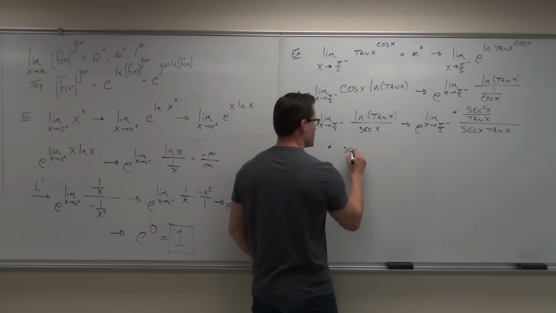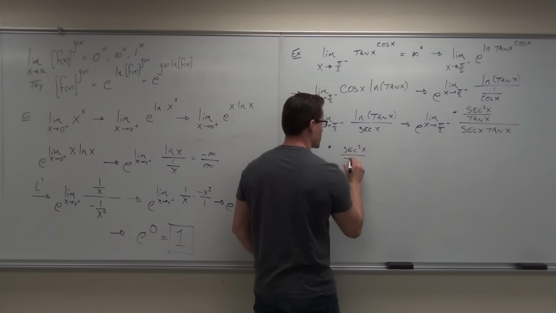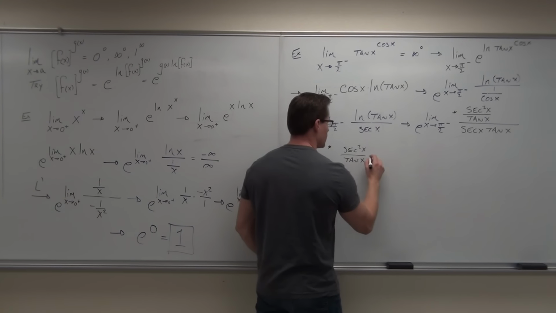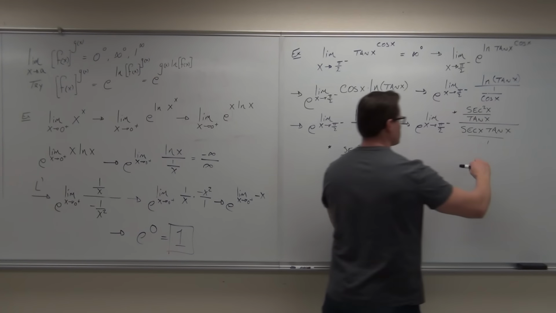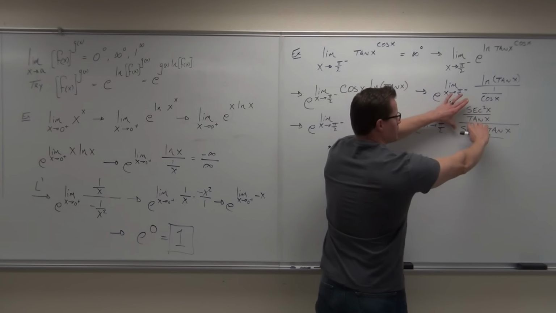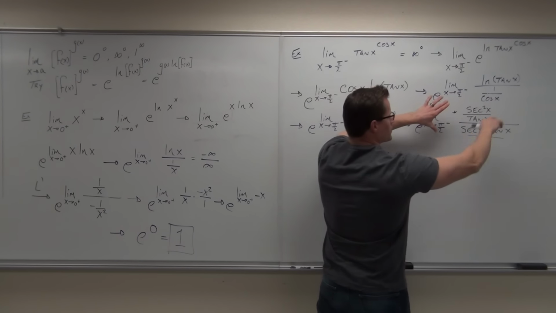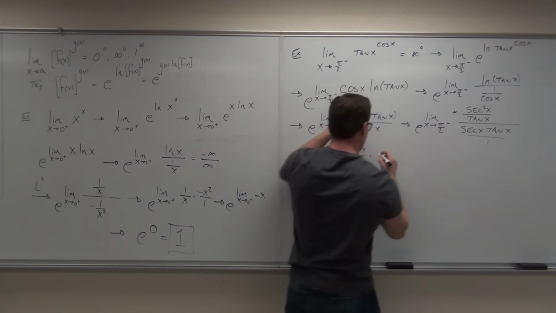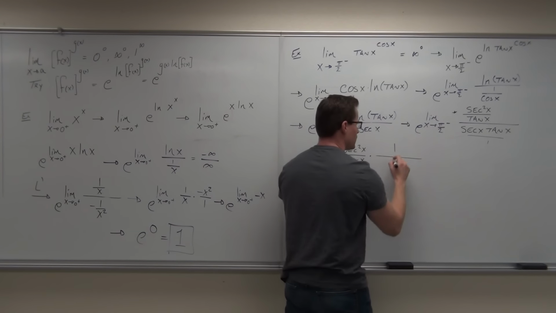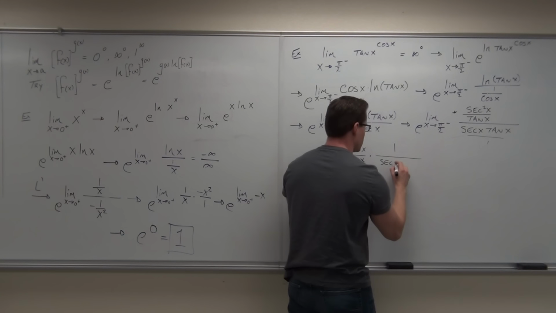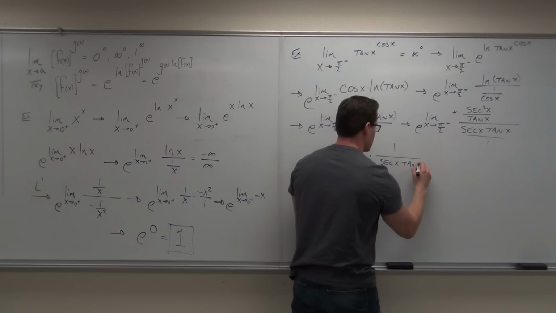So we have secant squared x over tan x, right? Times, if you put this over 1, division's the same as multiplication of the reciprocal. So we would multiply by 1 over secant x tan x.